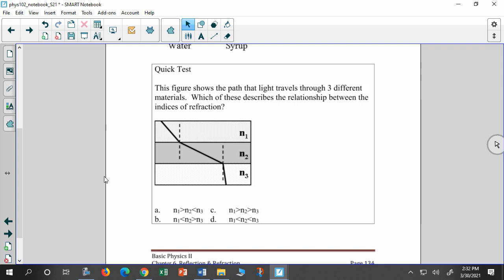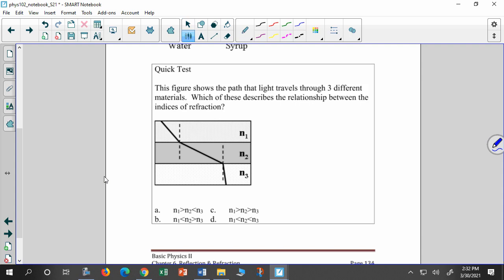So first of all, a student asked about this question, which is a good question. You're going to have questions like this. In fact, I told you on the free response, I'm going to give you this diagram and ask you to trace out the rays. But you also need to be able to tell what are the indices of refraction, how are they related to one another, or the speeds, based on a diagram that you get like this.